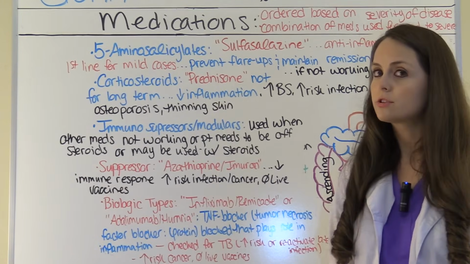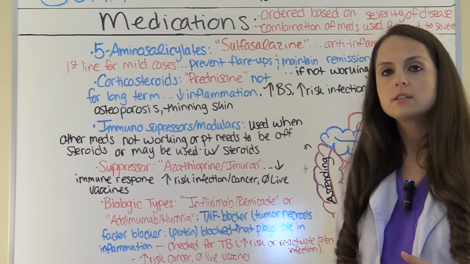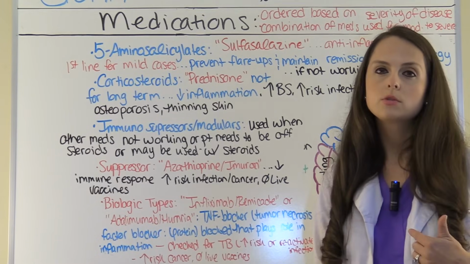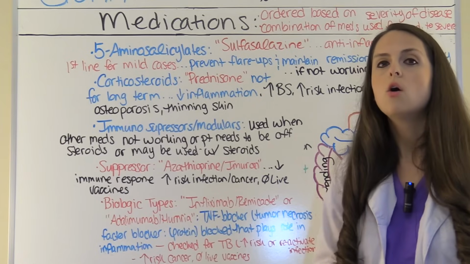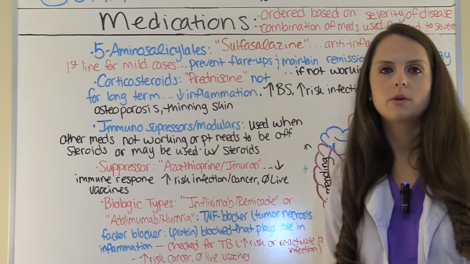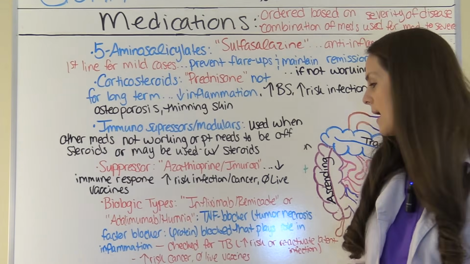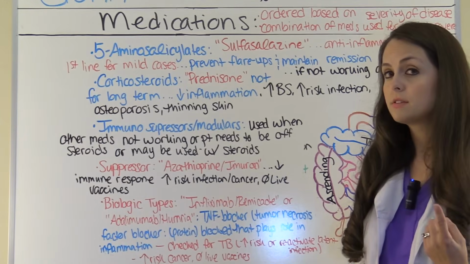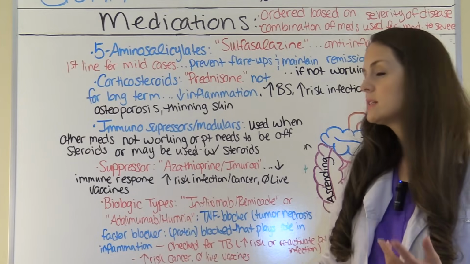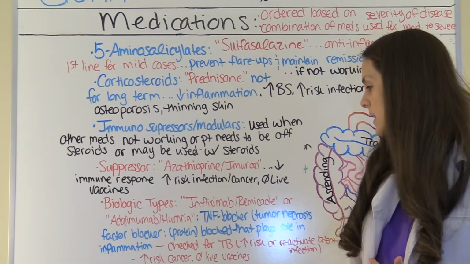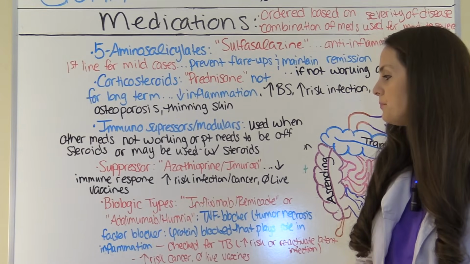So it alters that. Now, with this drug, usually the physician will make sure the patient hasn't been exposed to TB, tuberculosis, or doesn't have an active tuberculosis infection, so they may get checked for that because it increases the risk of developing it and can reactivate a latent infection. Increases the risk of rare cancers, and again, no live vaccines.